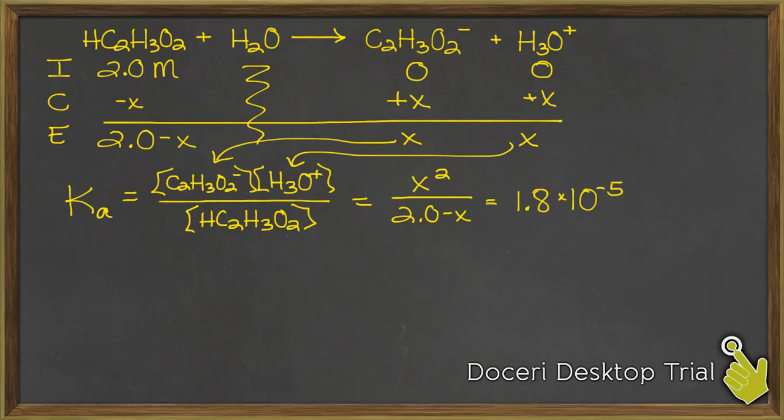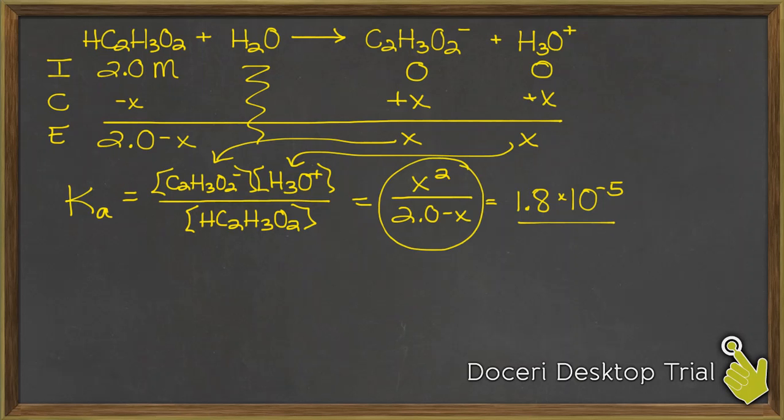Okay, and if you remember back from last unit, what we did at this point to solve for x was we graphed this expression. We went into our calculators and we put y1 as the value for Ka, and then in y2, I put in this whole thing.